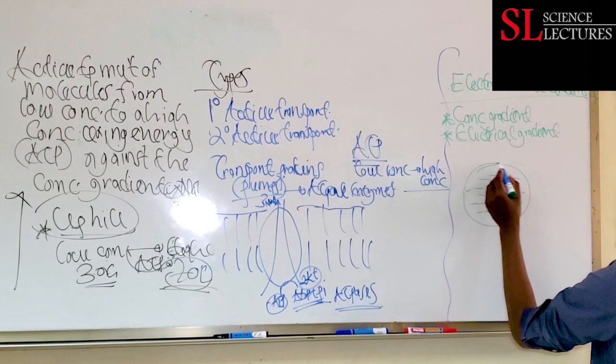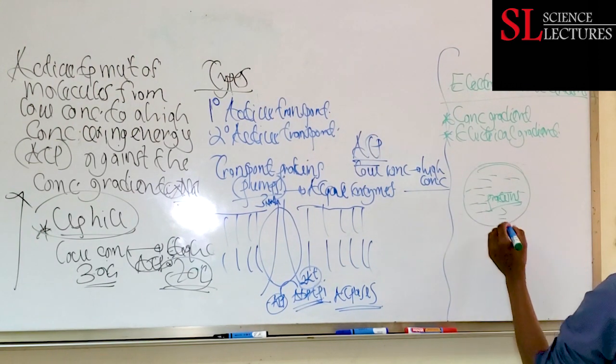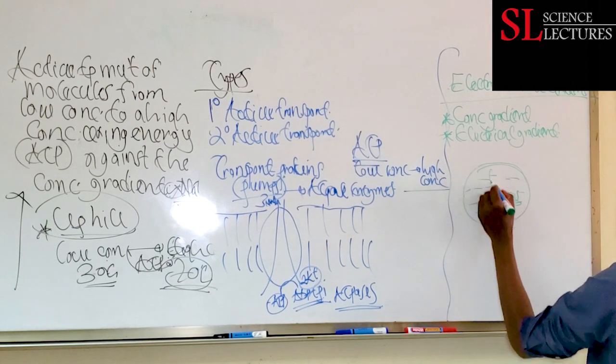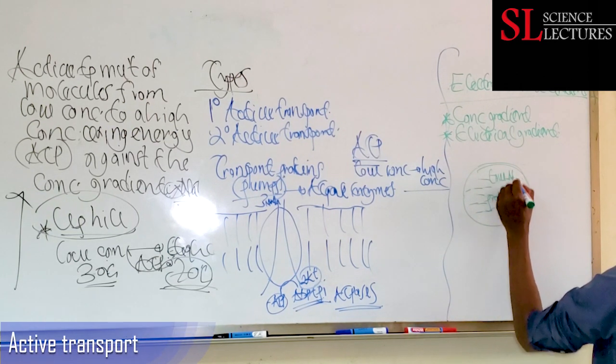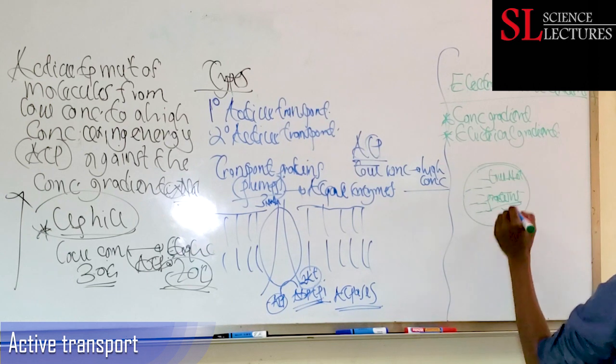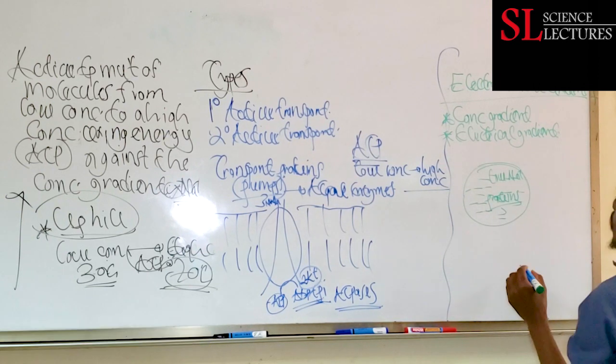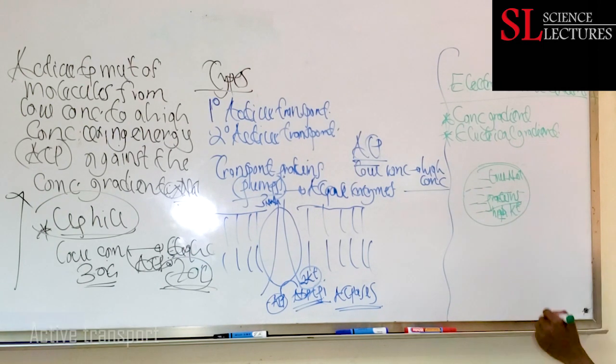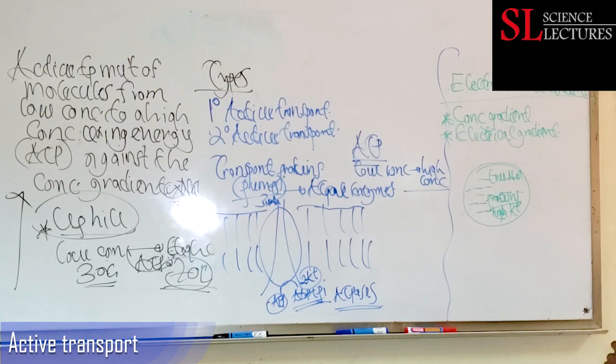And it happens to be that inside the cell we have low sodium ions as compared to outside the cell. And inside the cell we have high potassium ions as compared to the outside of the cell.